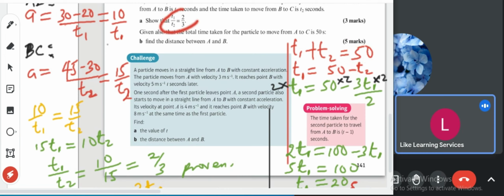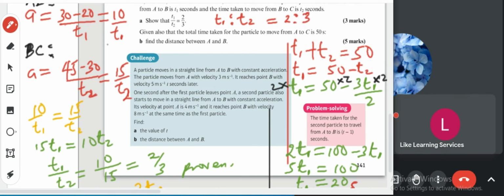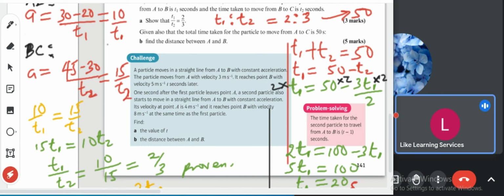We could have just used that because T1 ratio T2 is 2:3, and they are sharing the total of 50. So we would have gotten T1 by saying 2/5 times 50.